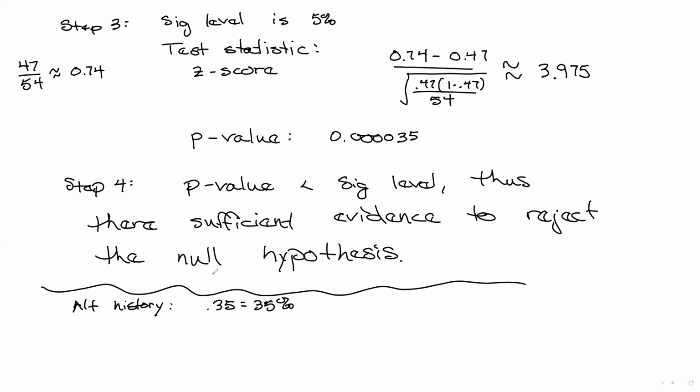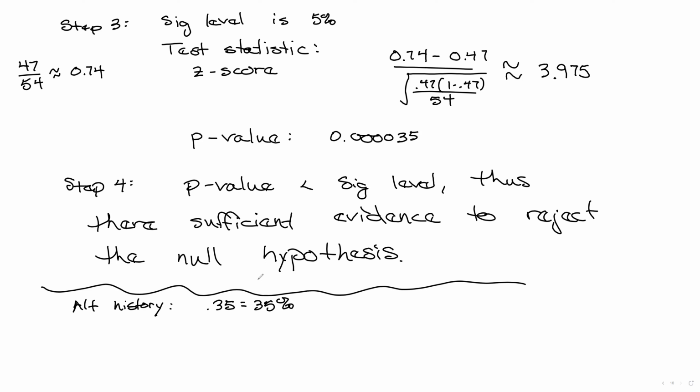So if we'd gone through and interviewed our political science professors, and we'd gotten, let's say 0.5 or something like that, instead of 0.74, then we would have gotten probably something in the neighborhood of 35%. What that's saying is that there's a 35% chance that you'd randomly select professors, and 50% of them would say that they voted when the actual result was 47%.